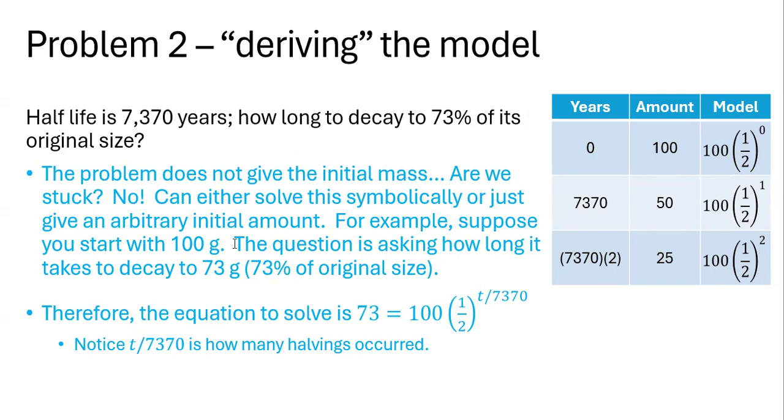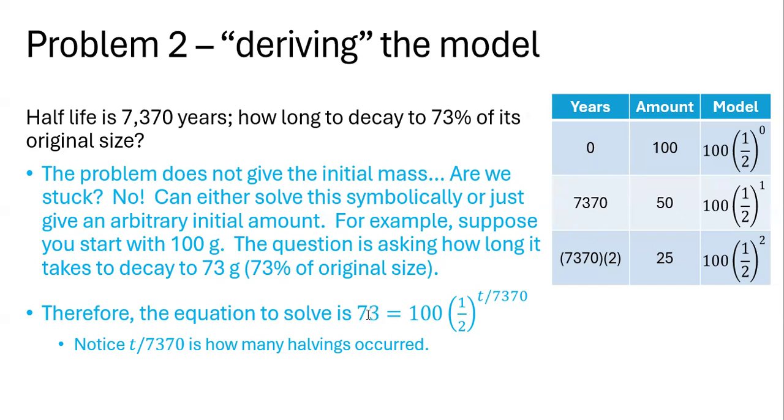So notice that the amount of time it takes is going to be between 0 and 7370 years. We're not at 50, we're at 73 grams, so it's less than 7370 years. So we should expect our answer to be in between this, first of all. So let's set up the equation now.